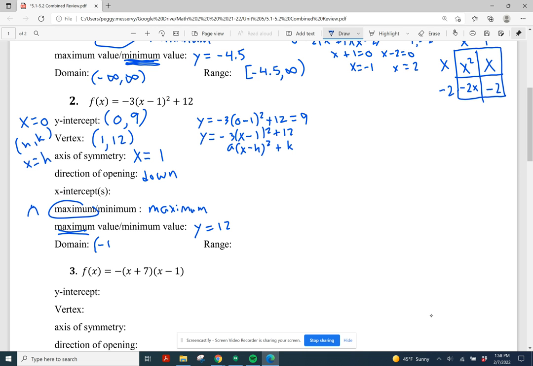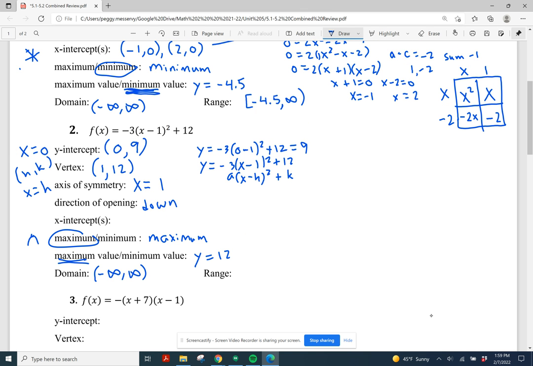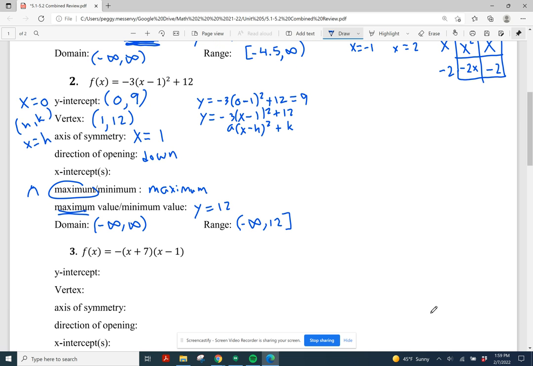My domain will be negative infinity to infinity, and the range will be negative infinity to 12, because it's going to go down forever, but our largest y value is a 12. Okay, let's go after those x-intercepts.